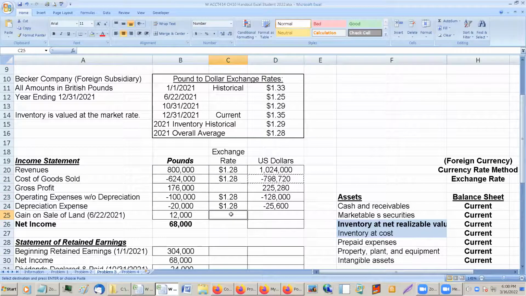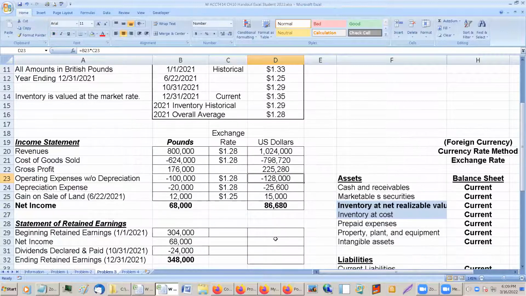Now the gain on sale of land, this will be on 6/22, so that is at a specific point in time. So we will use that. 86,680, is that what you guys got? Yep. Yeah. And that'll come down here.